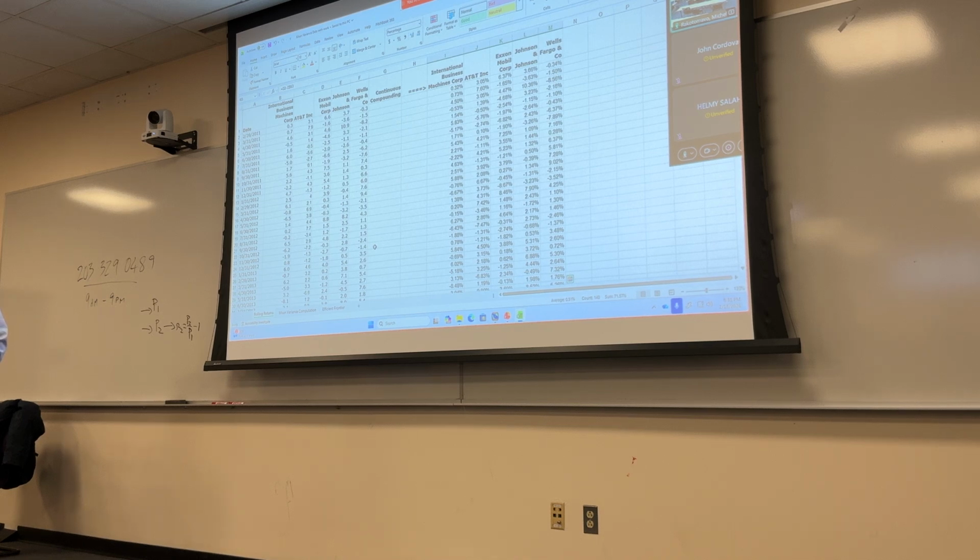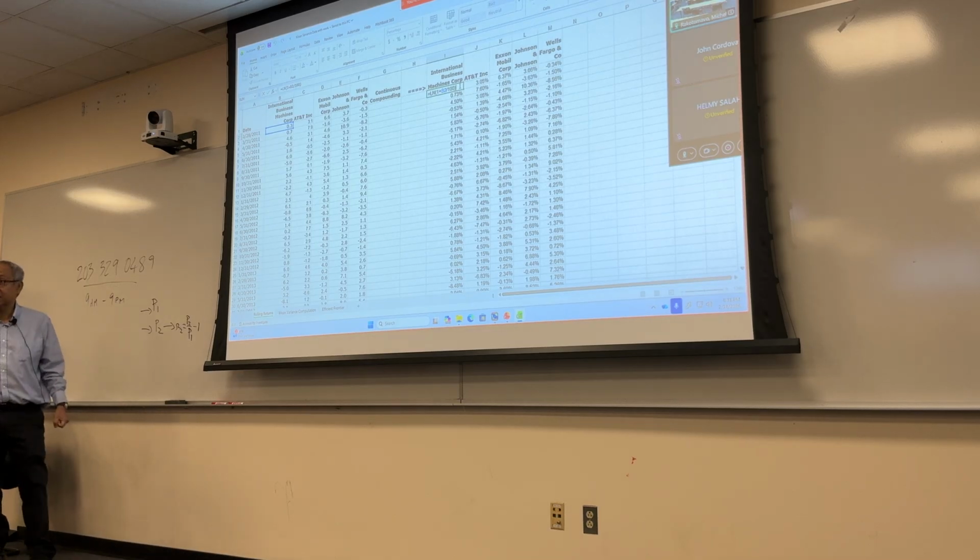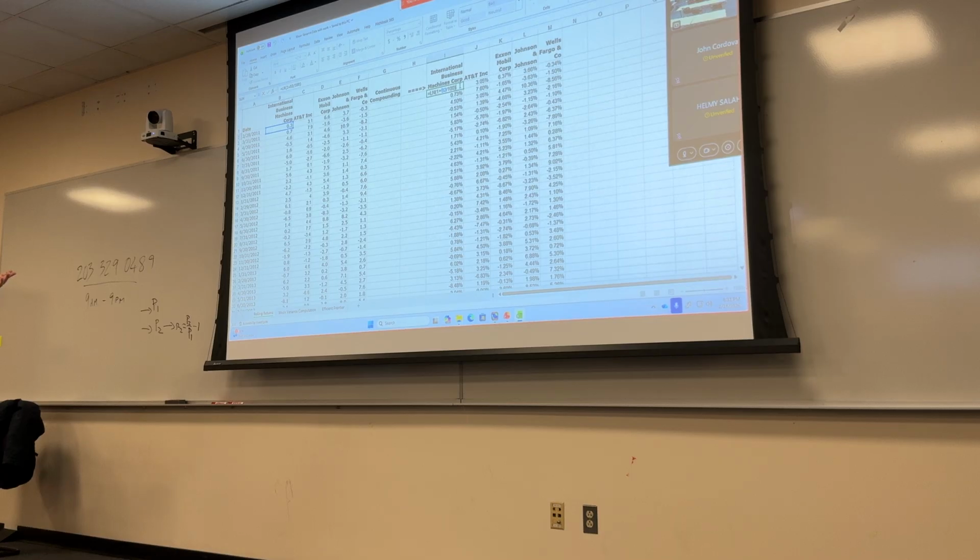One way around it, to make it more normal, is to use continuous compounding. Continuous compounding means that if you take these returns, you take the log of 1 plus the returns, and that is the continuous equivalent of the original return.